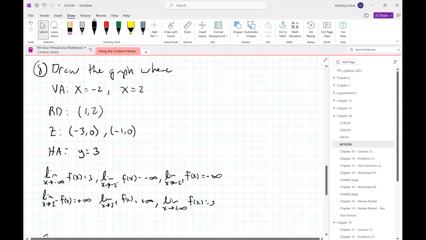So I'll give you a second if you're writing this down as an example, and then we'll start talking through the easiest way to do something like this.